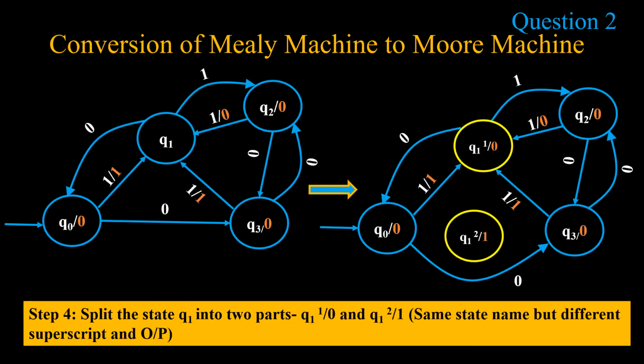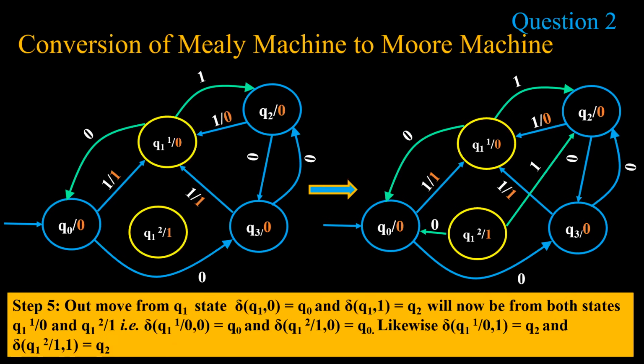We will split the state Q1 into two parts. Q1_1/0, Q1_2/1, same state name but different subscript and output. We will identify what were the out moves in the initial Q1 state. Just see on the left side, we had two out moves, one on 0 from Q1 to Q0 and one on 1 from Q1 to Q2. We will take these two out moves into consideration.